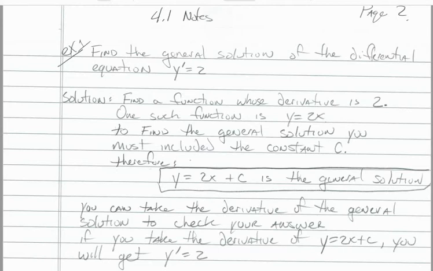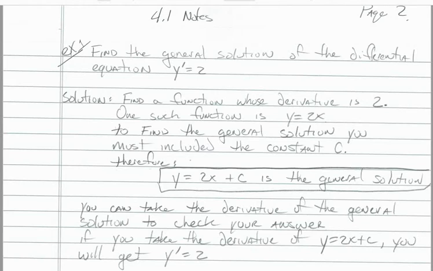So when we undo a constant, we put an x next to it. The antiderivative of 2 is 2x plus c. That plus c is there because there's probably some constant we took a derivative of that got us a 0, so it went away. That's why we call this the general solution. The general solution will always incorporate a plus c.